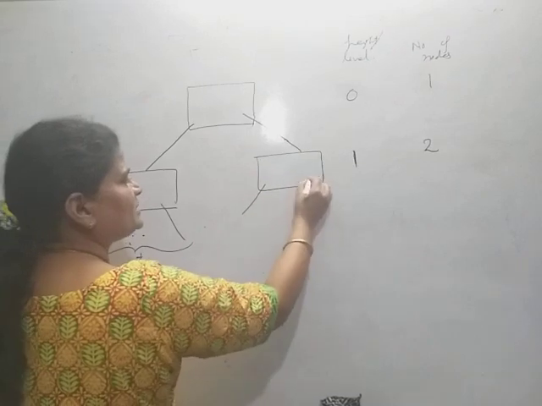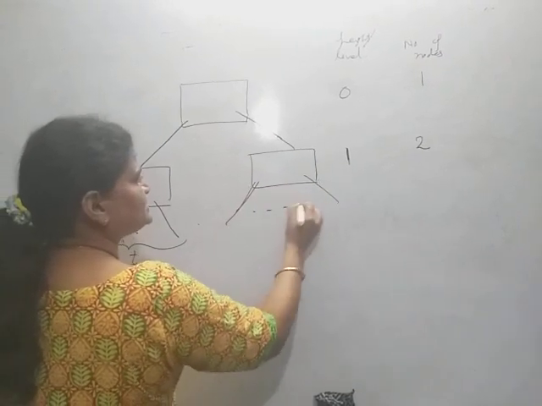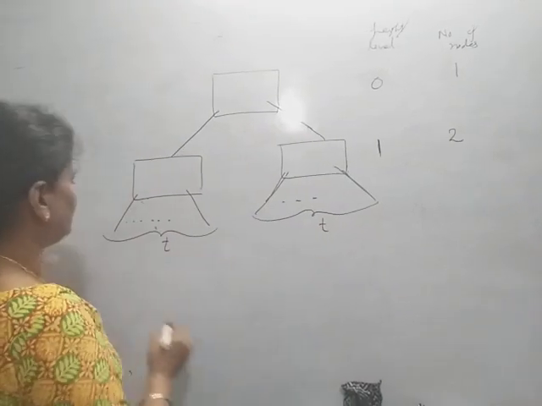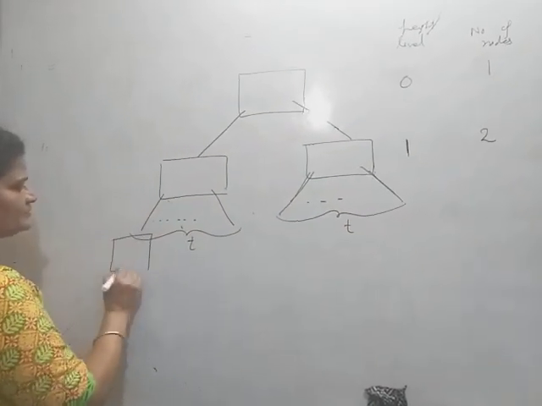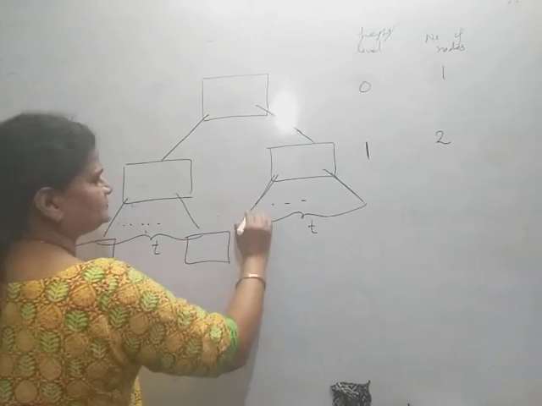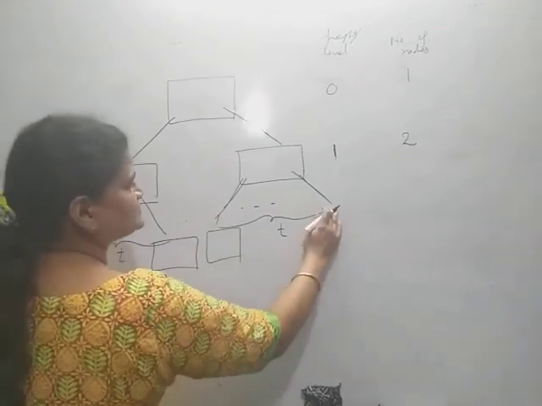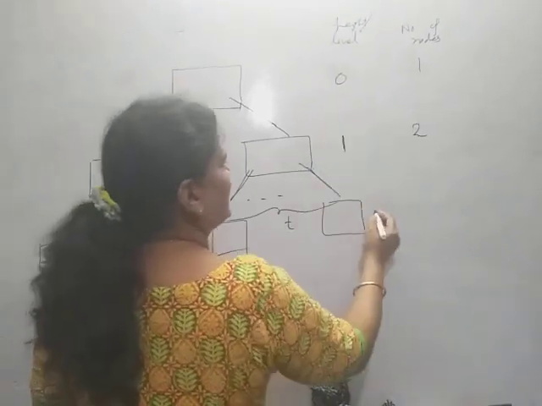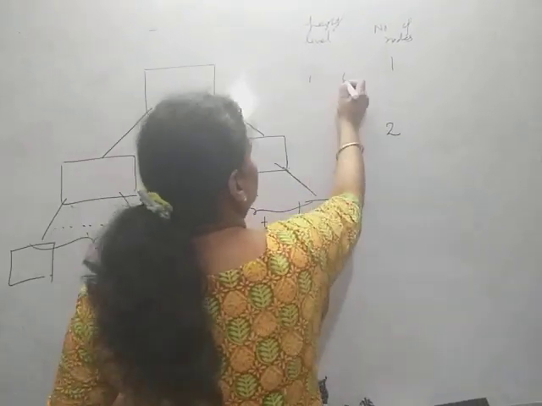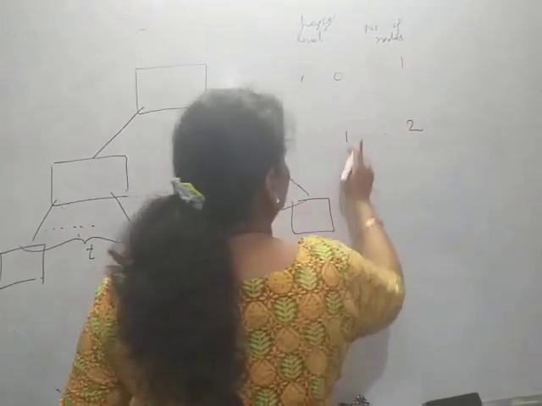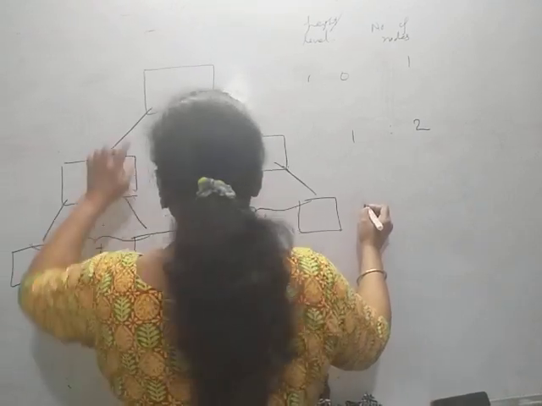Here also the minimum number of children is t. So at level 0 and level 1, this is 1 and this is 2. So here the height is 2.